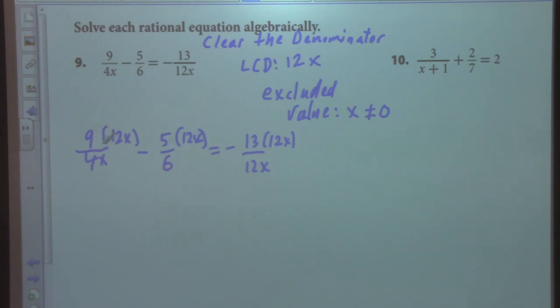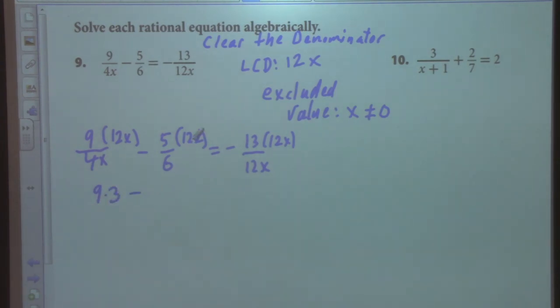Now we can simplify things a little bit. What's 12x divided by 4x? It's going to be 3, because the x will cancel out. So we get 9 times 3.